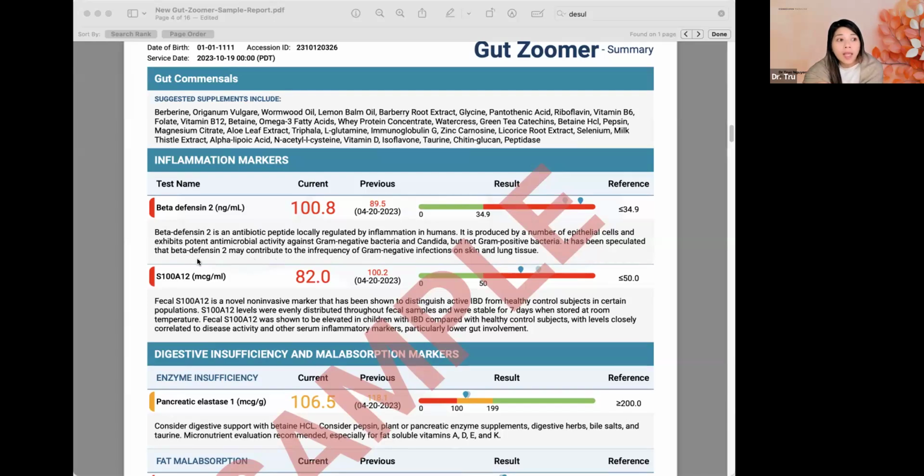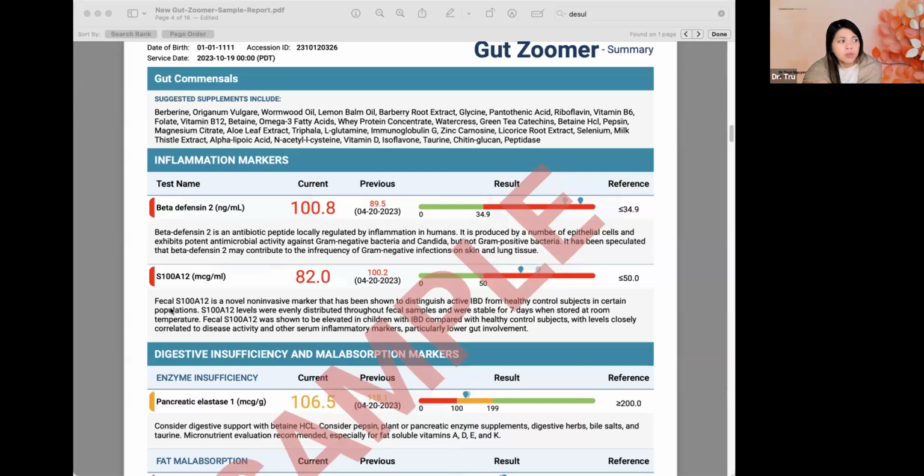It is produced by epithelial cells in the gut lining, and it has antimicrobial activity against gram-negative bacteria and yeast, candida, but not gram-positive bacteria. So when it is high, you can extrapolate the data and say that there is an overgrowth of gram-negative bacteria or candida overgrowth. So it's a measure of overgrowth from gram-negative bacteria and yeast.